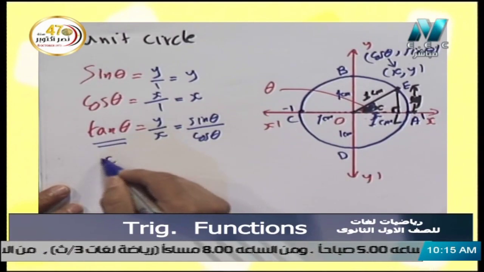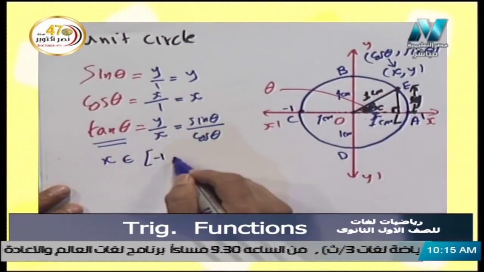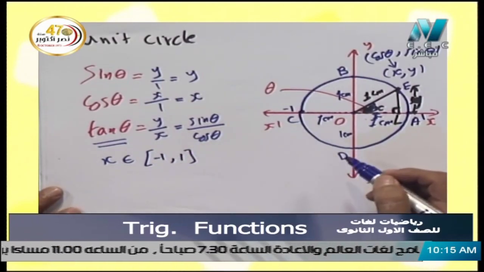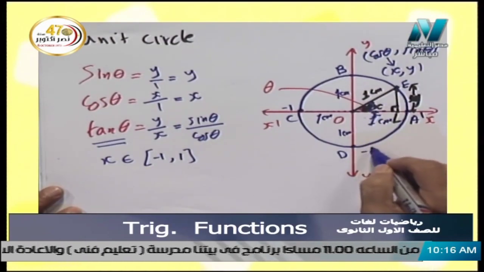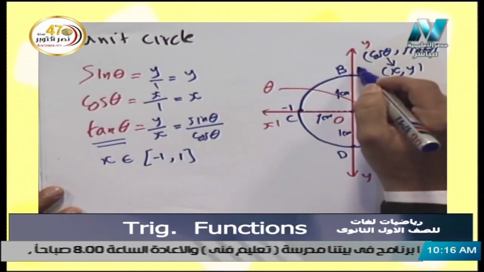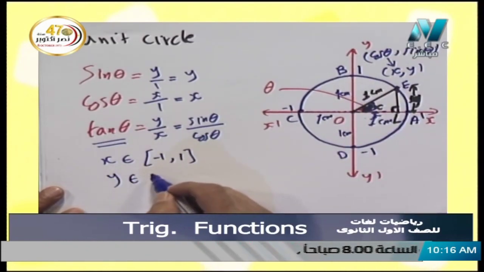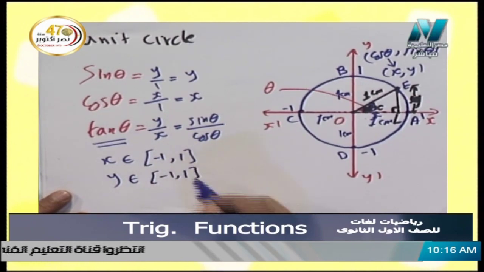So x belongs to the closed interval -1 and 1. And what is y? Y moves from here, which is -1, to here, which is 1. So y also belongs to the closed interval -1 and 1.